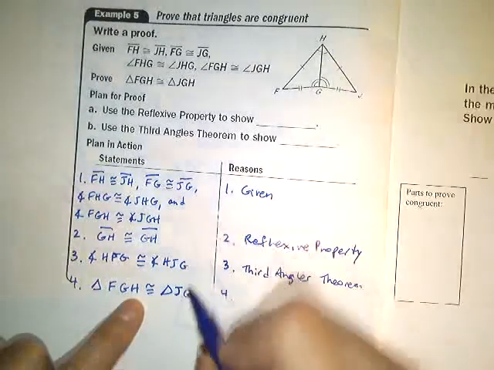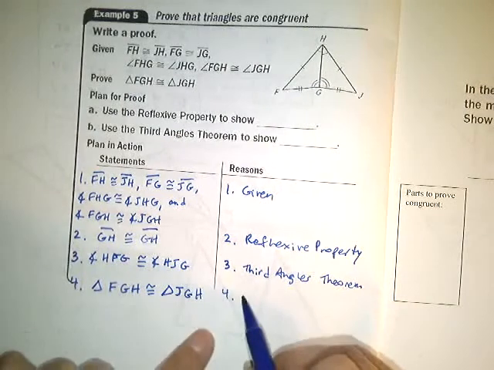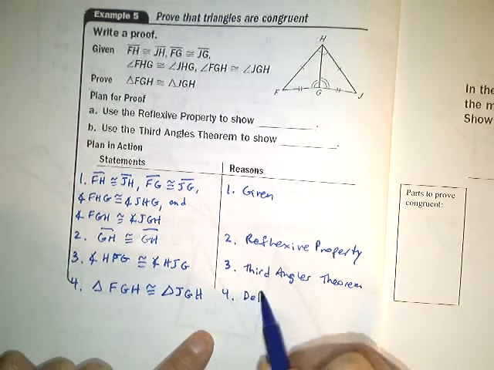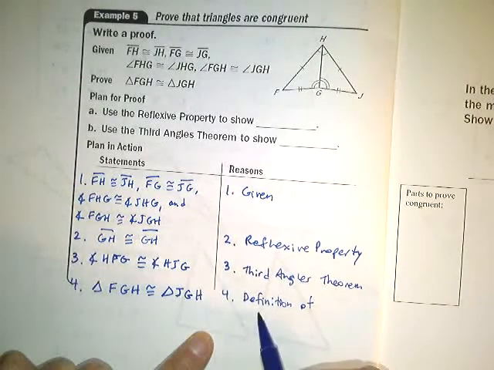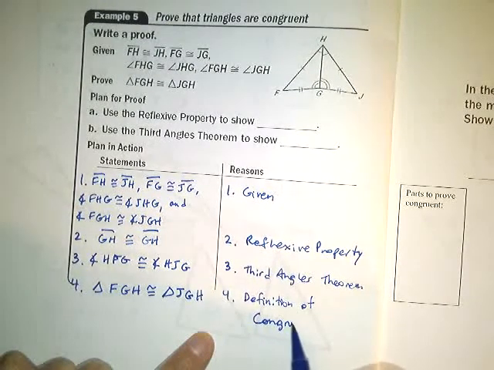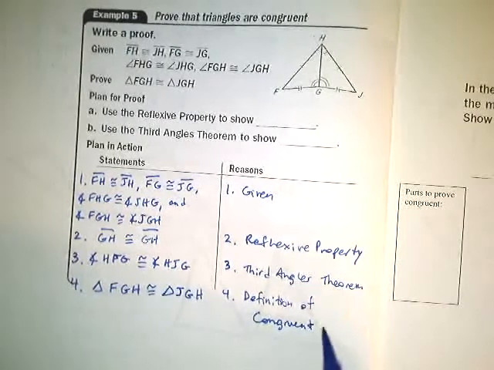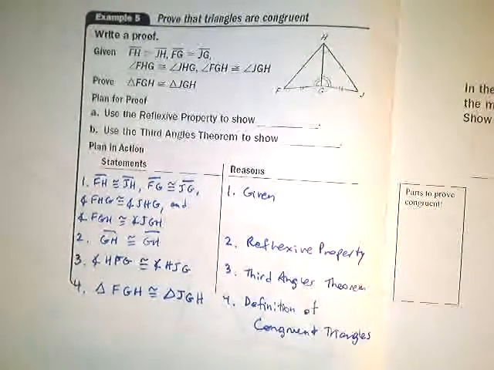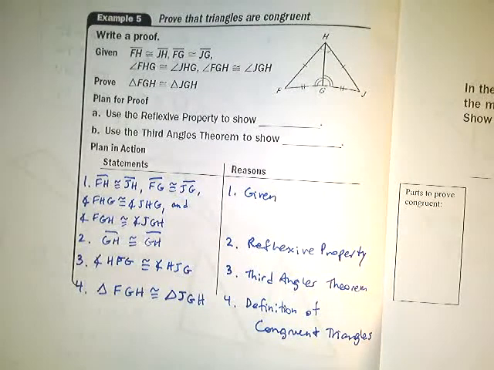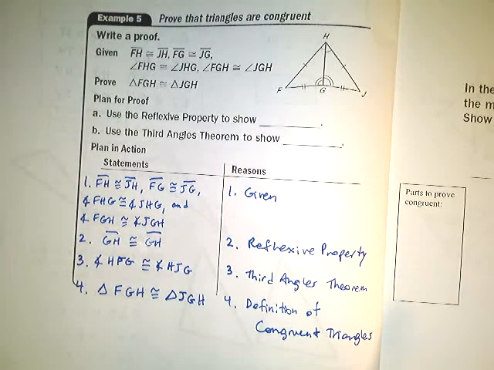And corner H also corresponds with itself. So by the definition of congruent triangles, we are finished with that one.